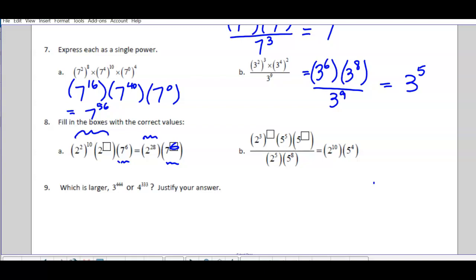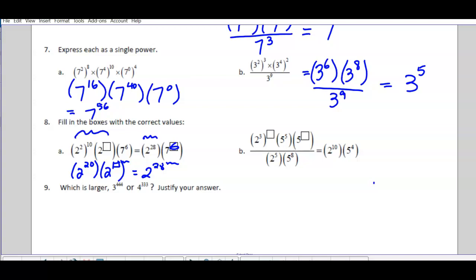Then now we have to figure out what this box has to be. Overall, this is 2 to the 20 times 2 to the box, and that has to equal 2 to the 28, right? If our equation is balanced. So if we're multiplying powers of the same base, you need to add the exponents.